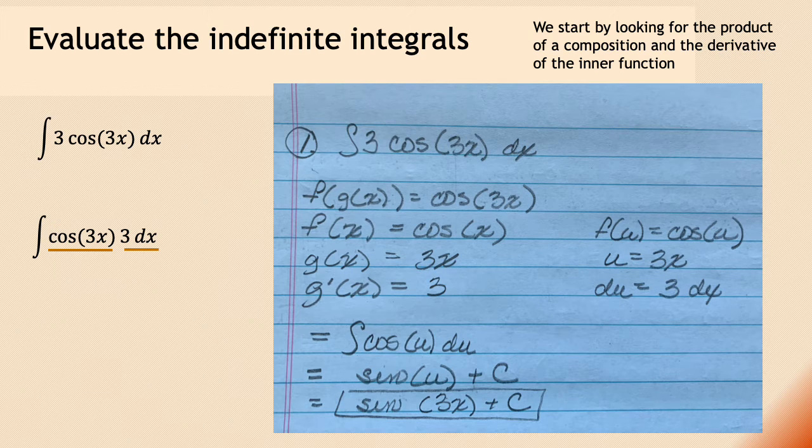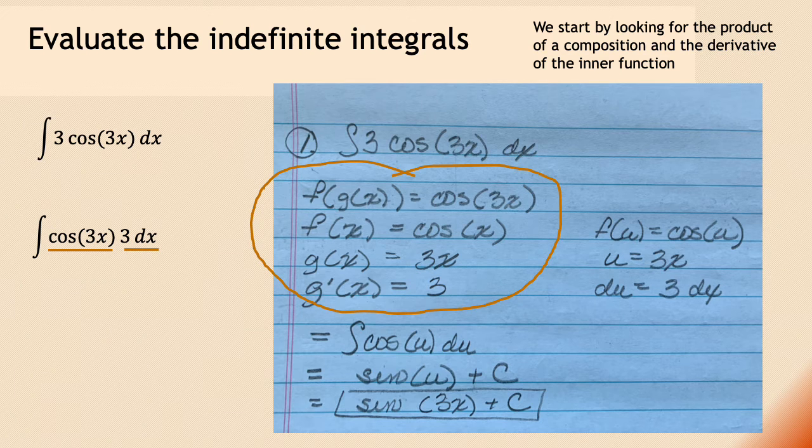So now let's look at the fully worked example. In this first part here, I've written it out using the f of g of x notation, and I'm not going to do that for the rest of the examples, but sometimes it's easier for students to think about finding that composition by looking at it as f of g of x.